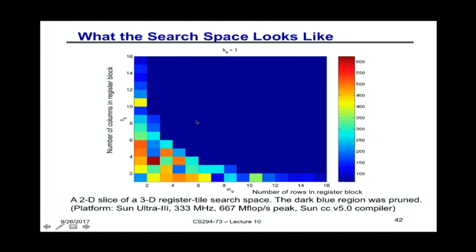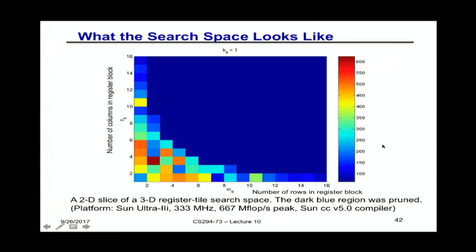For this combination of the row and column register block size, you get very low performance. The best performance is this one, I think it's 2 by 8 or 2 by 3 or 4. So if you do the register blocking of 2 by 3 or 4, you get very good performance. The difference could sometimes be 10 times.